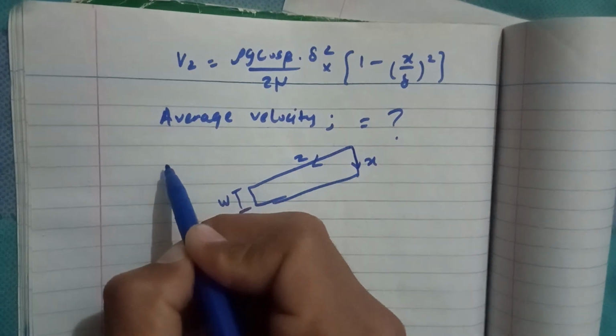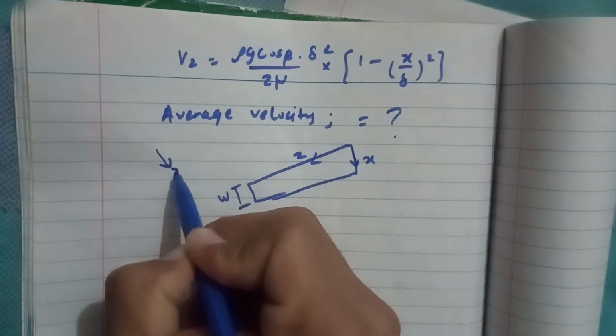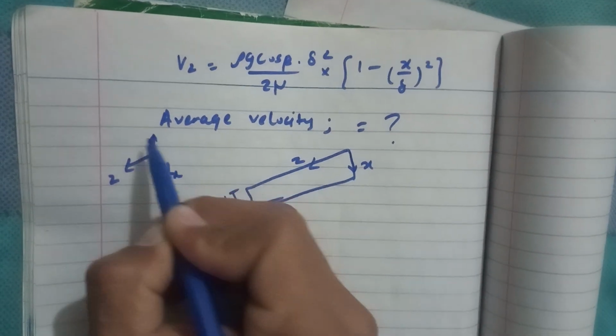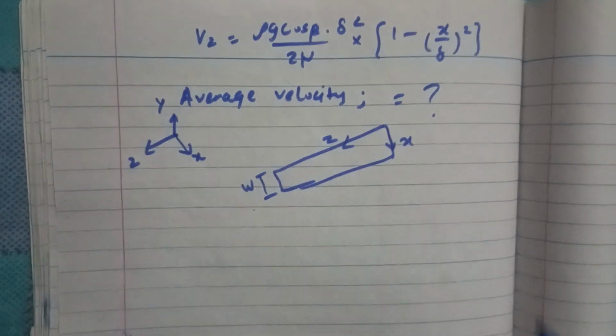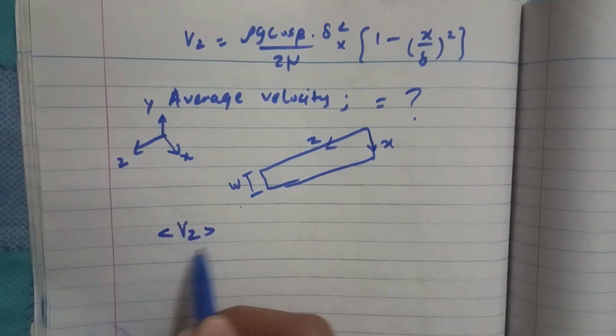So if I make it simple, it would look just like this. This is our x direction, this is our z direction, and this is our y direction.